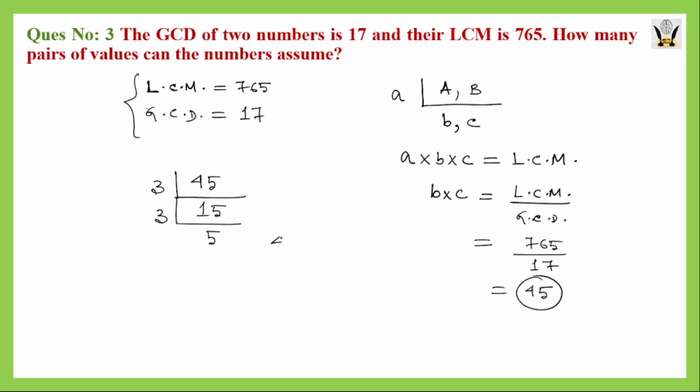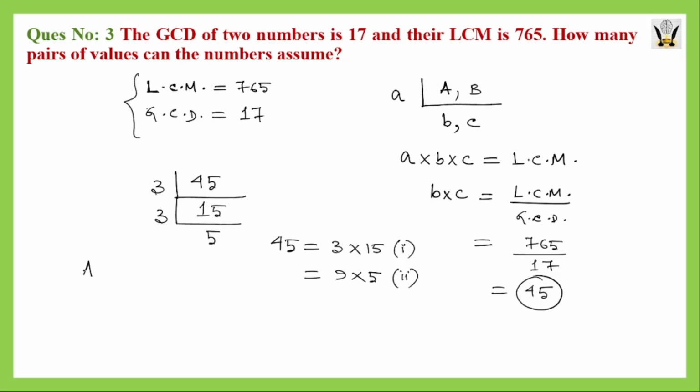So 45 can be represented as 3 multiplied by 15, this is one way, then 9 multiplied by 5. So there are two possibilities to represent 45 as a multiplication of its factors, 3 and 15 or 9 and 5.